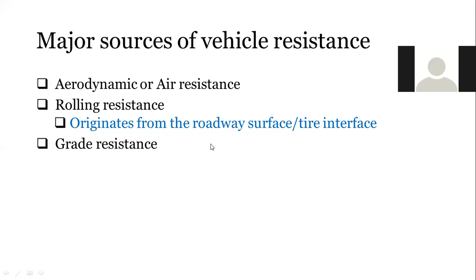The first resistance is called aerodynamic or air resistance. The second one is rolling resistance, which originates from the roadway surface or tire interface. And the third one is grade resistance.